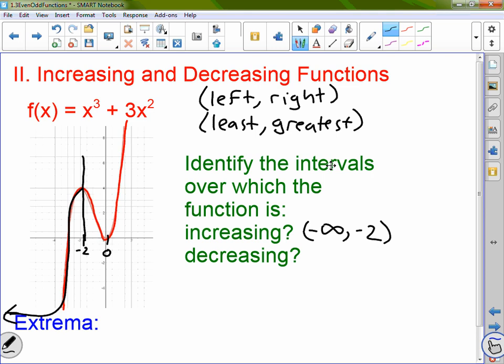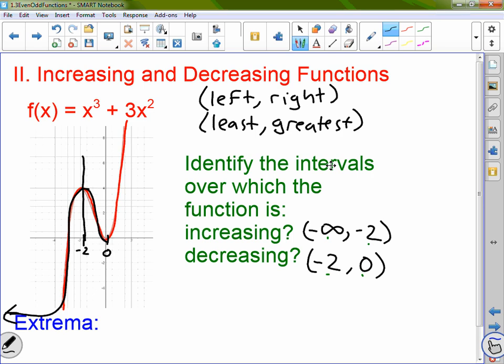And then it does turn out that it's increasing a little bit later, so we'll come back to that in just a minute. From -2 to 0, it looks like it's falling. So we can say it's decreasing from -2 to 0. These are not coordinates. This is a range. This is an interval. From here to here.